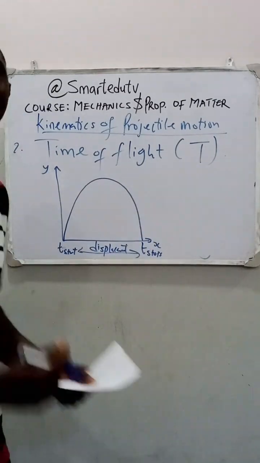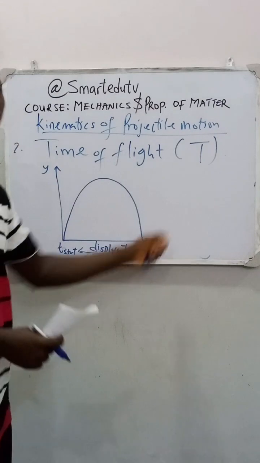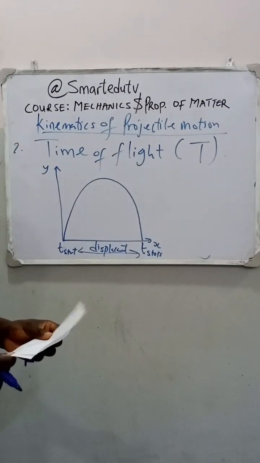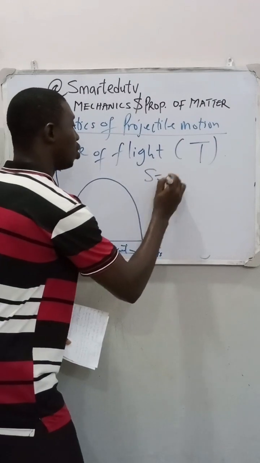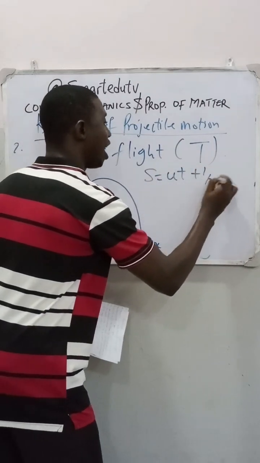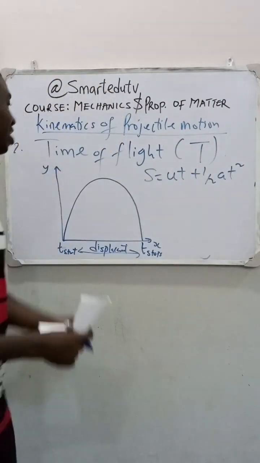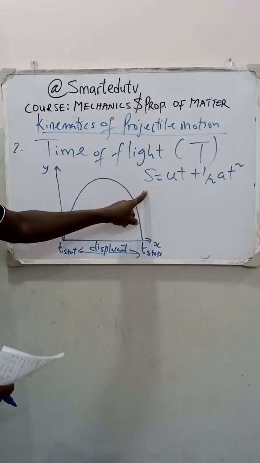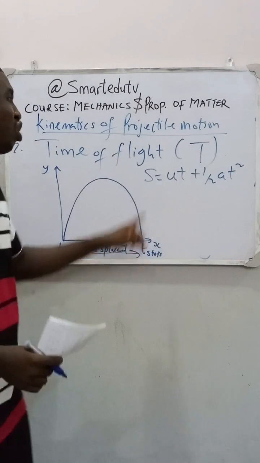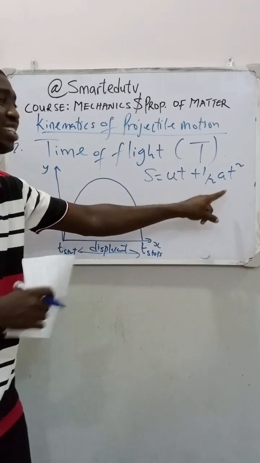So now let's go back to our equations of motion. Which of those equations relates time to distance? It means we are using s equals ut plus half at squared. This relates time to displacement or distance. Don't forget, the time we are talking about in this case is not ordinary time.